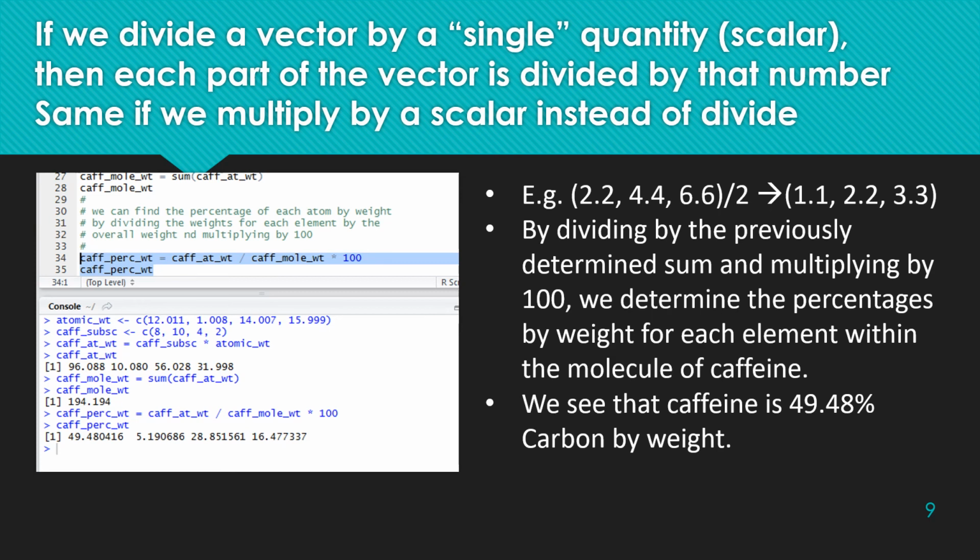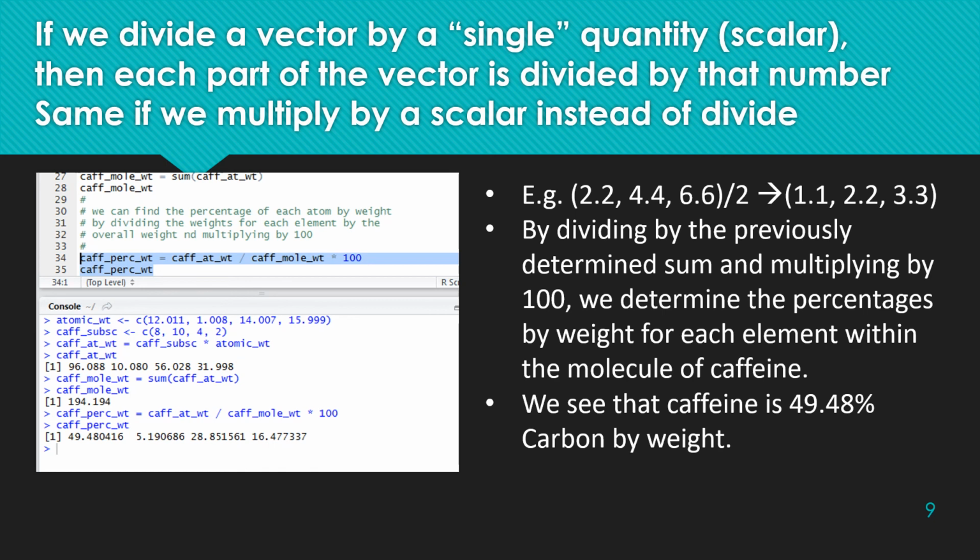When we divide a vector, which is a set of quantities, by a single quantity, a scalar, then we take each component of the vector and divide it by that number. And it would be the same if we were multiplying. If we multiplied by a scalar, then we would go through and multiply each term by that scalar quantity.